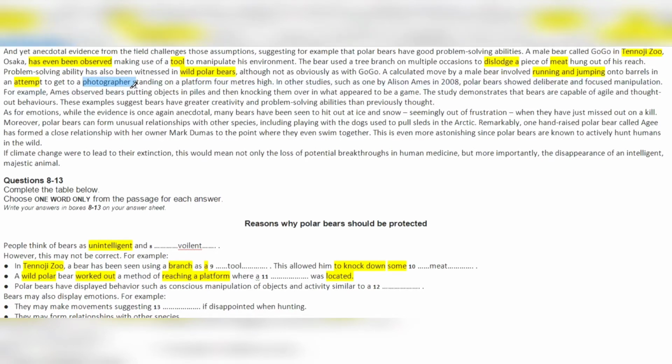Attempt, synonym reaching. Reaching to get to a photographer standing on a platform. A method of reaching a platform. Here, an attempt to get to a photographer standing on a platform four meters high is where a dash located.